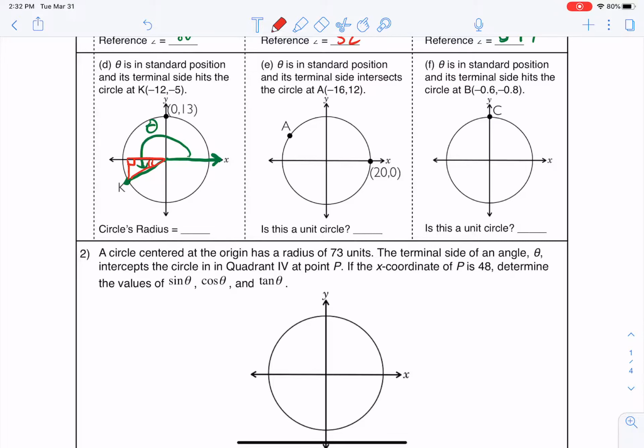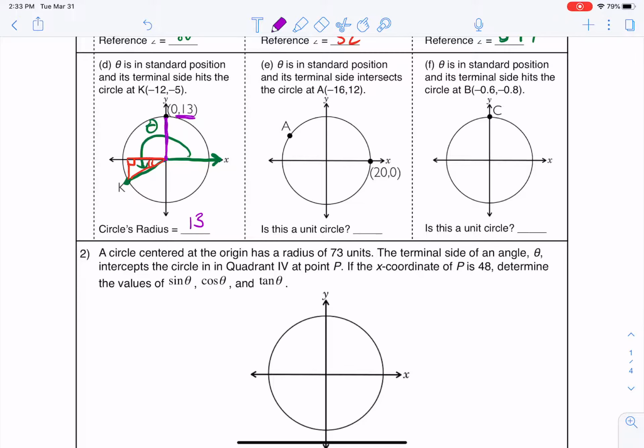We don't know anything about our angle here. We are just asked to write in what we know about the sides of the triangle. Now, the circle's radius is given by this point here, because the radius extends from the center of the circle all the way to the edge. So that's 13 units. That radius is the same no matter where we go in our circle.